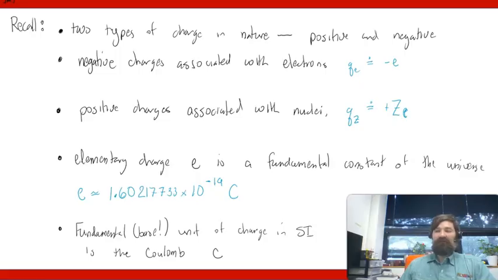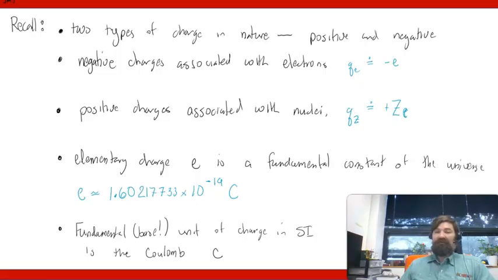It might be worth looking up values of other kinds of point charges. You could look up muons, you could look up alpha particles, which are basically helium nuclei. You can look up protons and neutrons and antiprotons and positrons and so on.